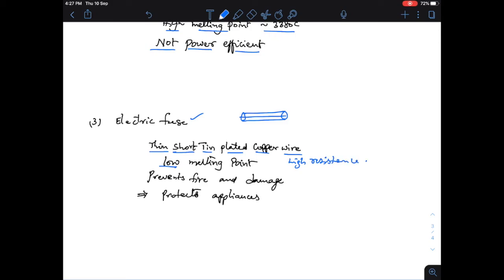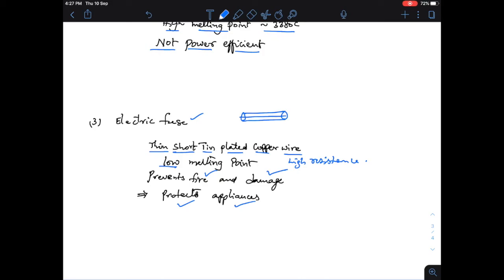What it does? In our domestic electric circuits, that household electric circuits, we use these electric fuses. What for? To prevent fire and damage of the electric appliances. Thereby, having this fuse will protect our appliances from damage.